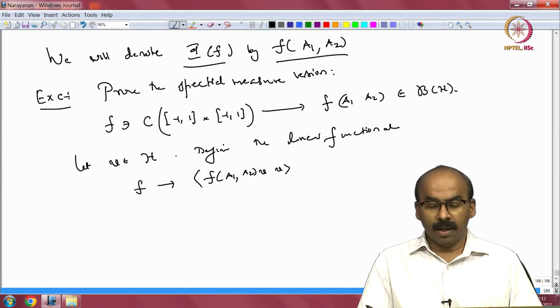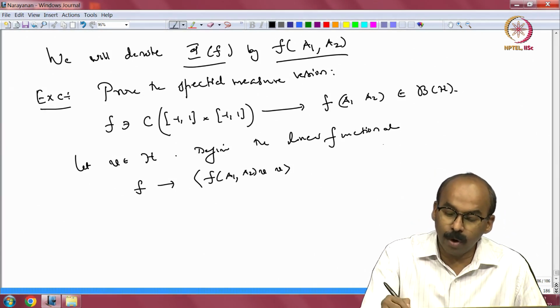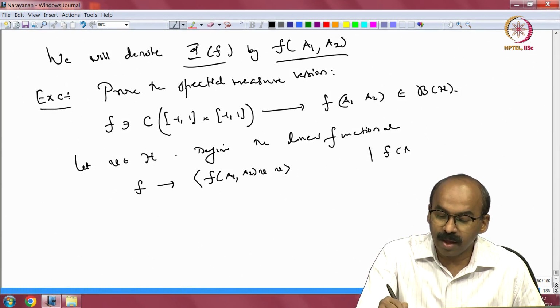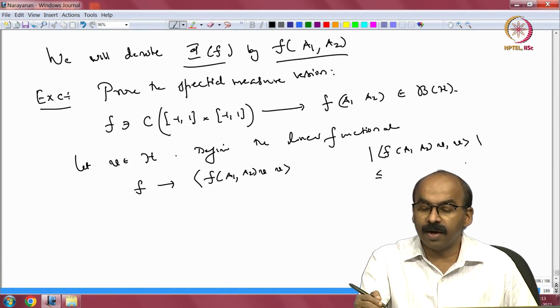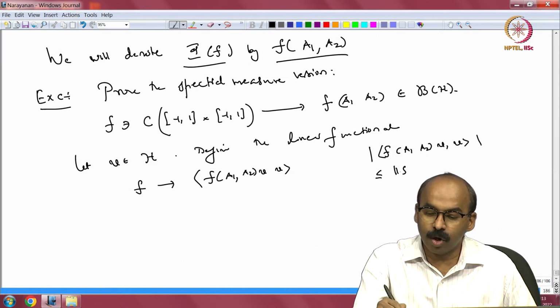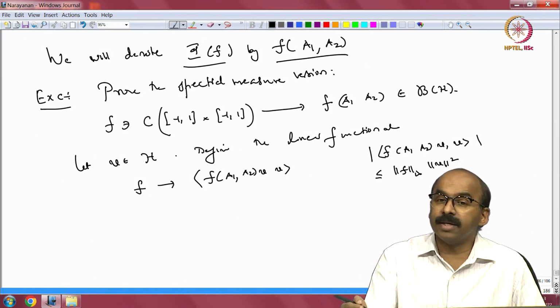So, that is how we define this linear functional, and the modulus of the inner product of f of a1 a2 v with v is less than or equal to the operator norm of f of a1 a2, times norm v square, which is less than or equal to the supremum norm of f times norm v square. That tells me that this is a continuous linear functional.